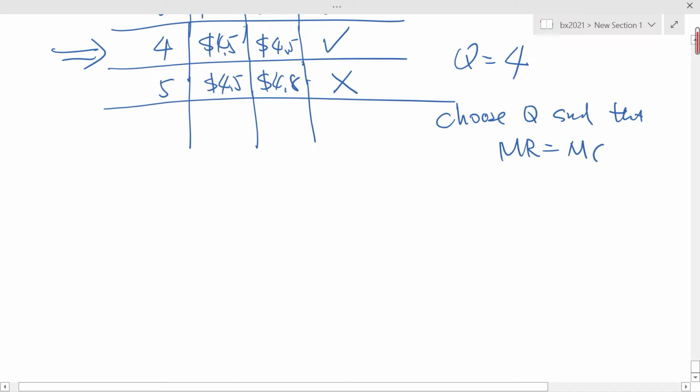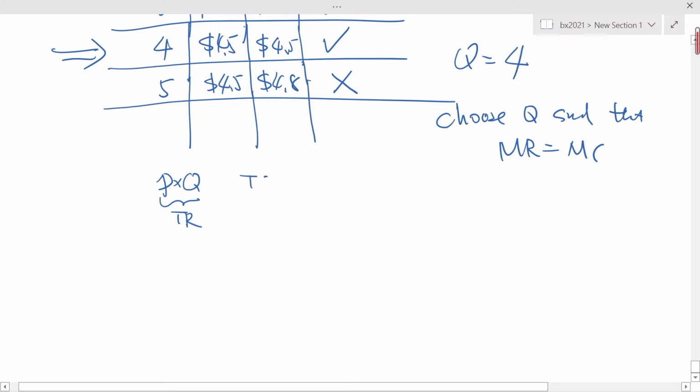Let's solve this problem more rigorously, or algebraically. So we are going to form the profit. We have Q output, and the market price P; that's total revenue.